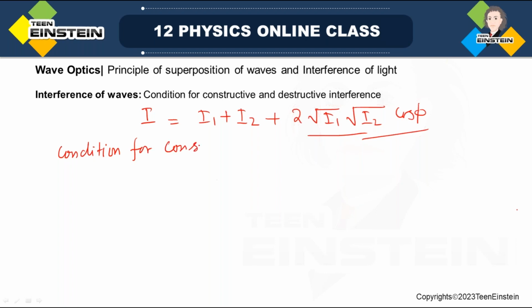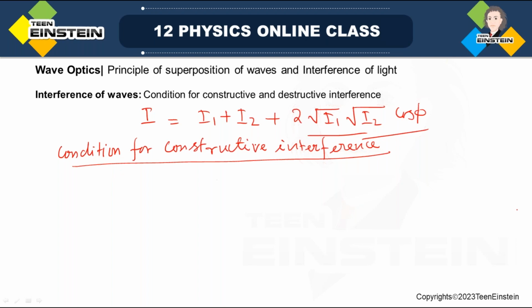Suppose, okay, so the condition for constructive interference. Constructive interference means maximum intensity. So I will be Imax when cos phi is plus 1.